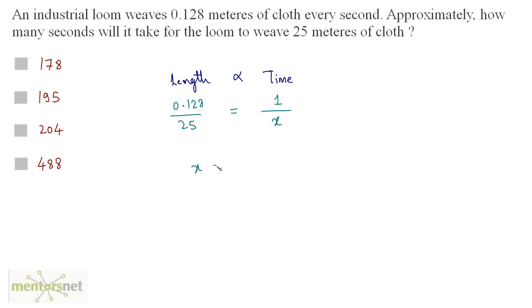So X is equal to 1 times 25 by 0.128. So this is equal to 25,000 divided by 128, and that will be equal to 195 point something, right? So the approximate time it takes to weave 25 meters on this loom is 195 seconds.